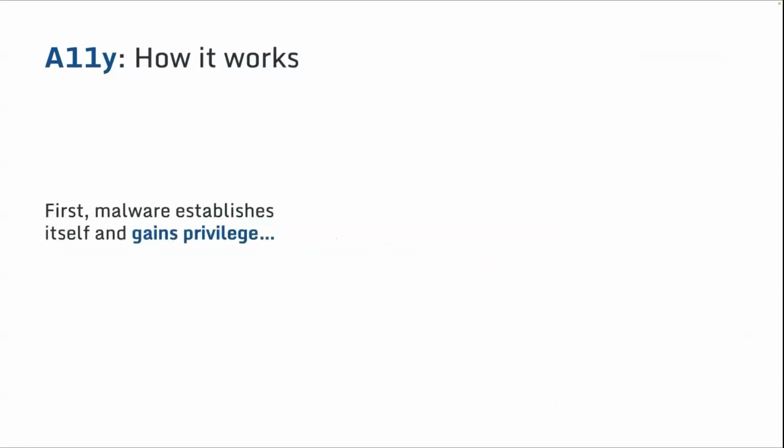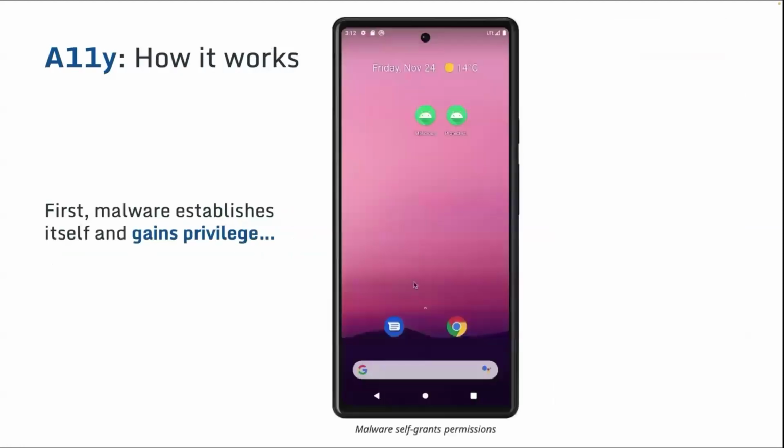And malware starts acting. First, it will try to gain some privileges, like granting some permissions to itself. This can be done through clickers. Here we can see that from the moment that the user grants accessibility services, a lot of stuff starts happening on the screen.